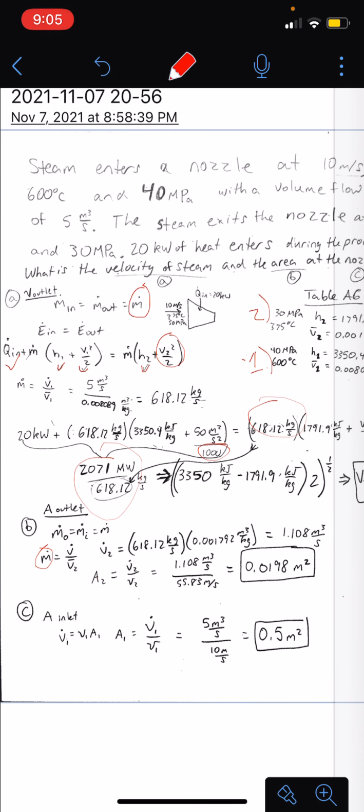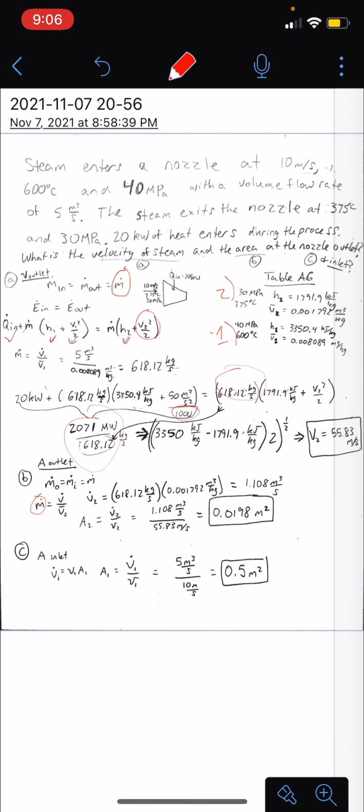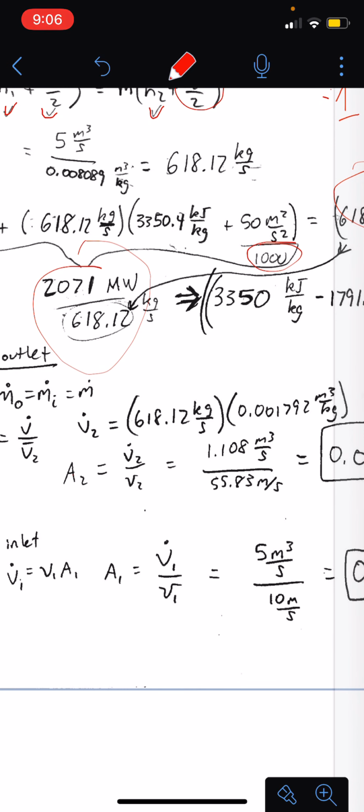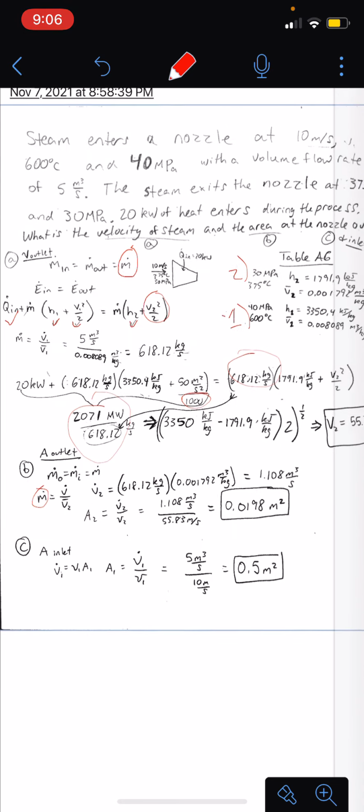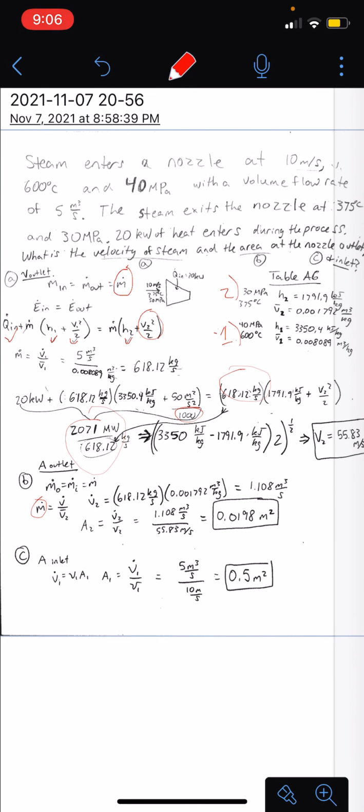And then the area of the inlet: we have our velocity, which was given in the problem, 10 meters per second, and we divide the volume flow rate, which was given as 5, by the velocity. So 5 meters cubed per second divided by 10 meters per second is equal to 0.5 meters squared. So that is the area of the nozzle at the inlet.